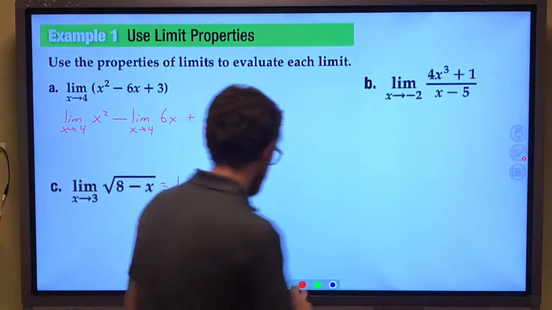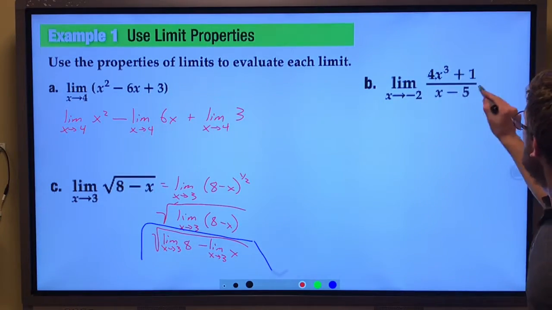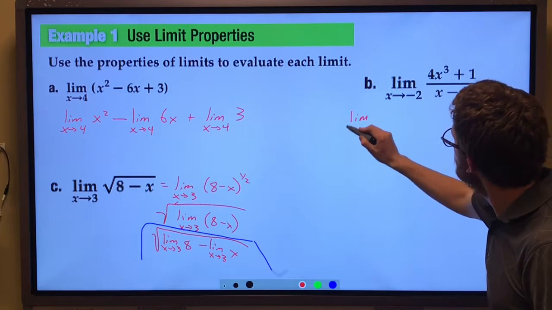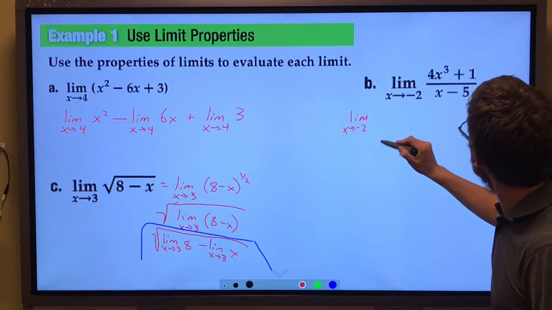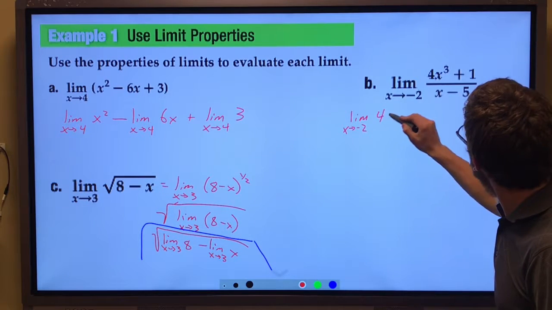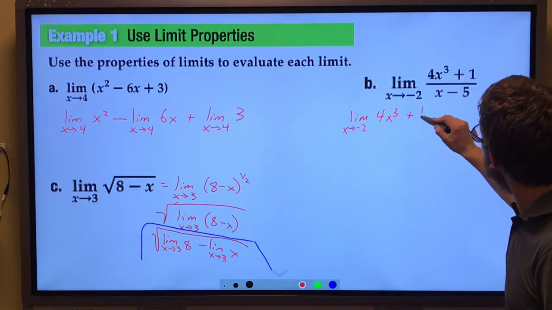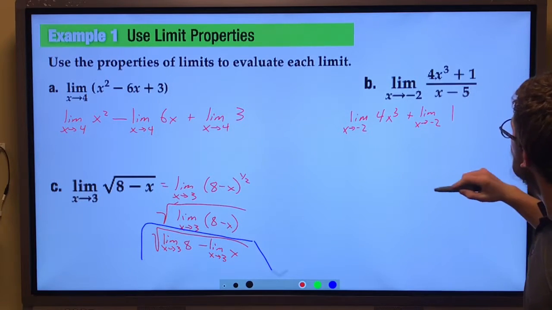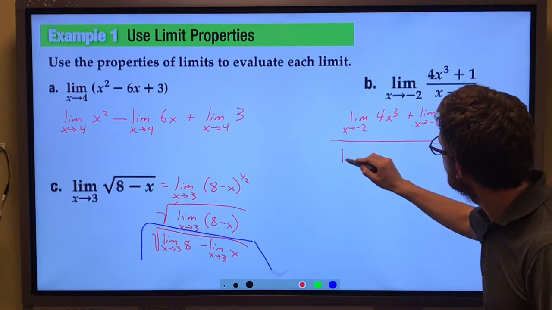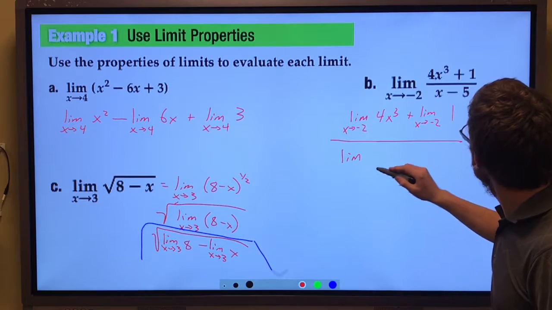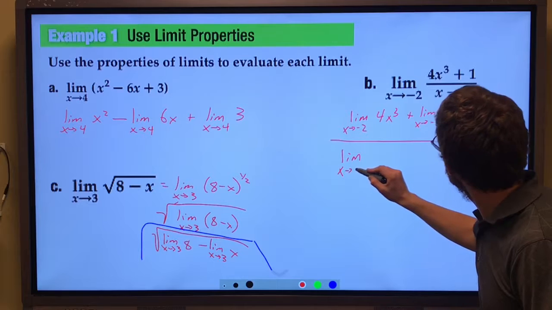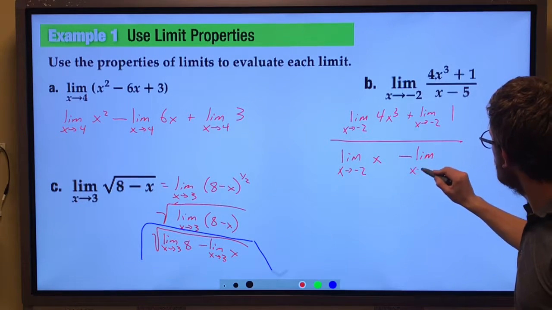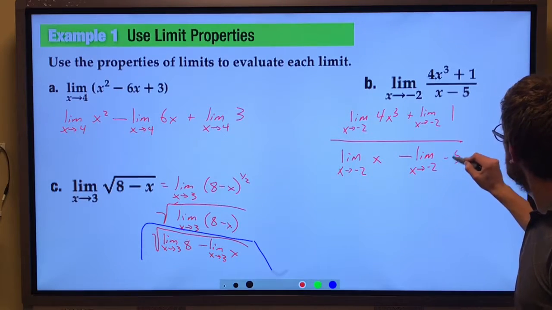And finally over here, we could break this down to be the limit as x approaches -2 of 4x cubed plus the limit as x approaches -2 of 1, over the limit as x approaches -2 of x minus the limit as x approaches -2 of -5.